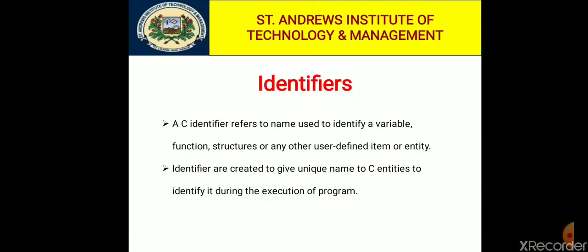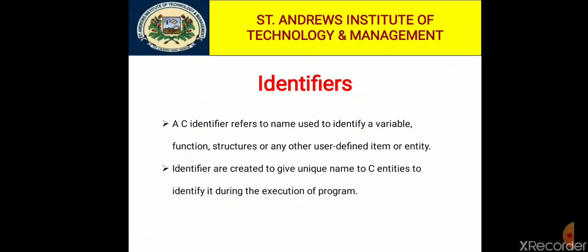So first topic of today is identifiers. So first of all, what is an identifier? A C identifier refers to name used to identify a variable, function, structures or any other user defined item or entity. That means, in other words, we can say that identifiers are names for entities in a C program such as variables, arrays, functions, structures, unions and labels.